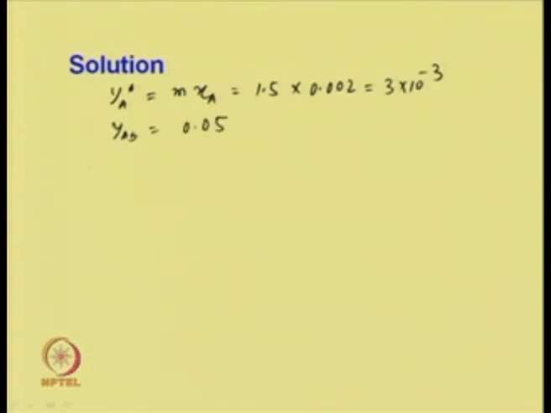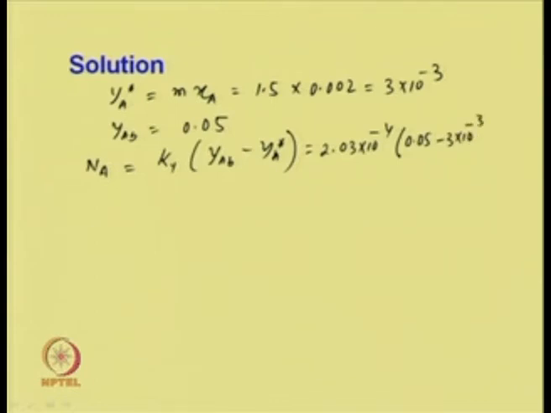So, N A will be equal to capital K y into (y a b minus y a star), which is equal to 2.03 into 10 to the power minus 4 into (0.05 minus 3 into 10 to the power minus 3), which is equal to 9.541 into 10 to the power minus 6 kmole per meter square second.